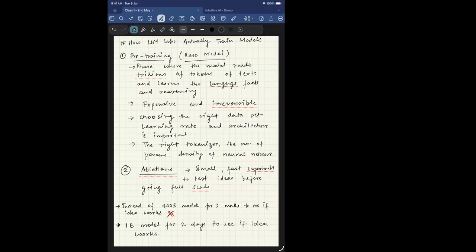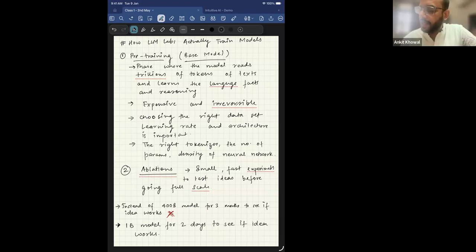Yeah. So choosing the right architecture and the learning rate is very important. What is the right tokenizer? We should see whatever we saw in the architecture section: the neural network depth, the tokenizers, how we come up with the vectorizations.